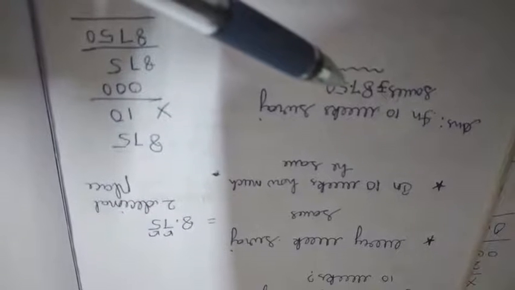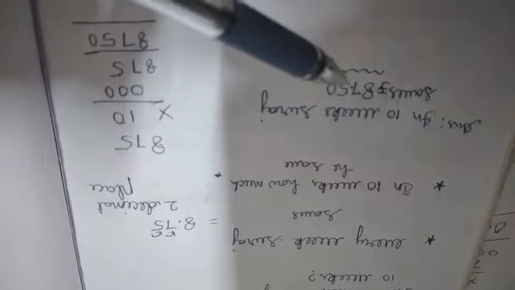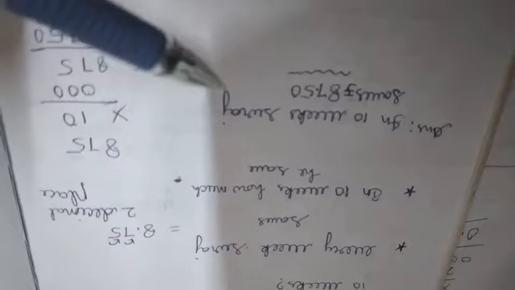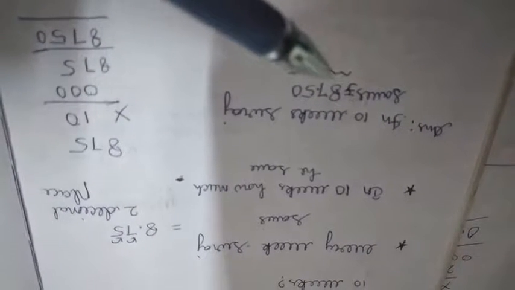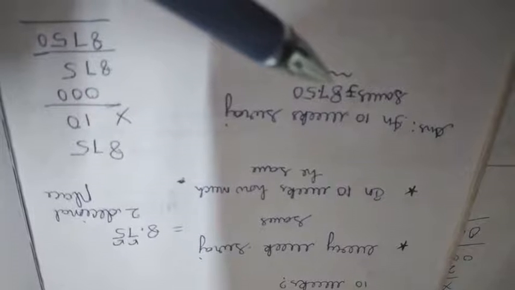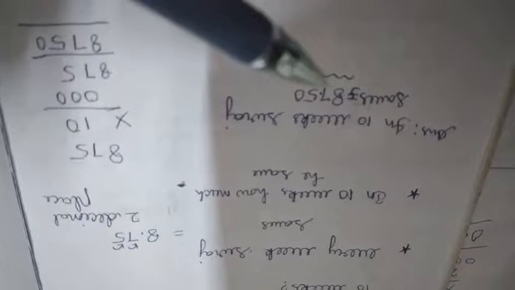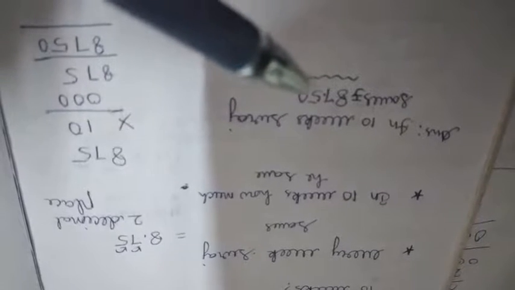So before the 5, put the decimal point. So when we write the answer, in 10 weeks Suraj saves 87.50 rupees. Got it, students? Okay.